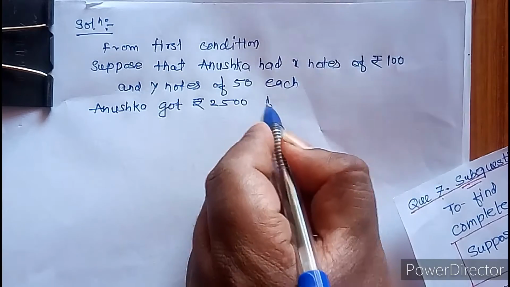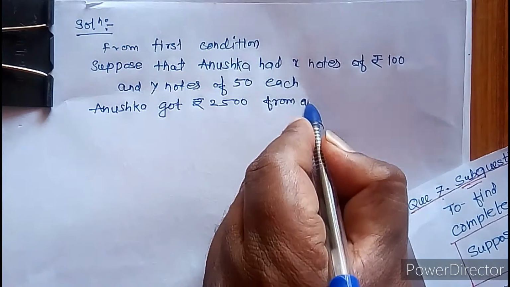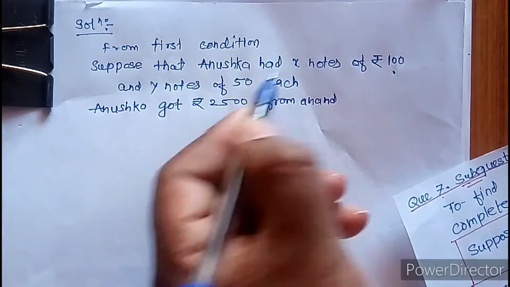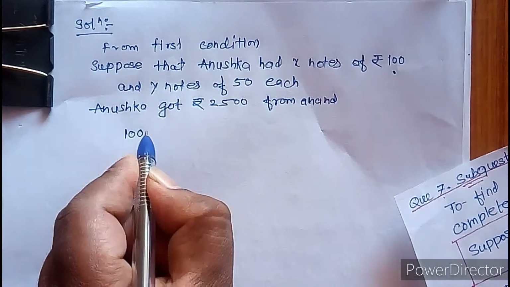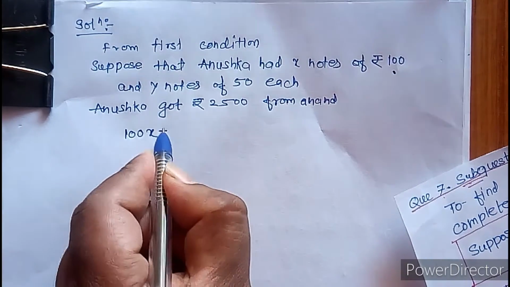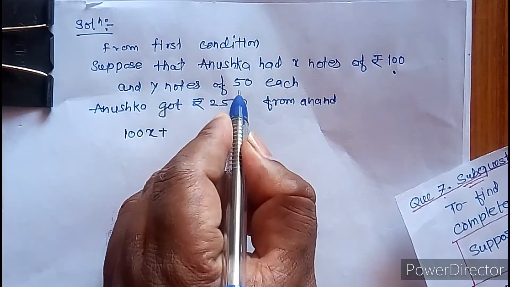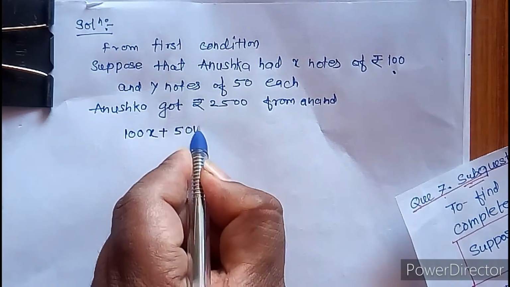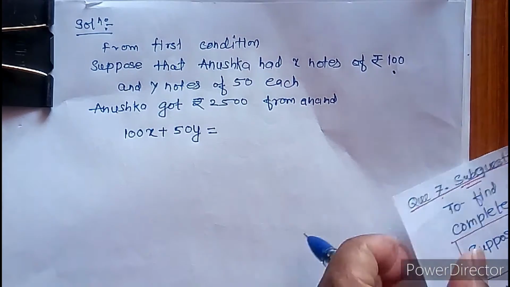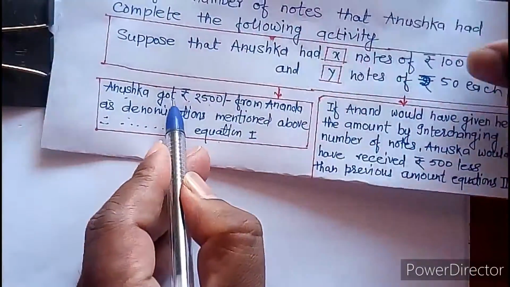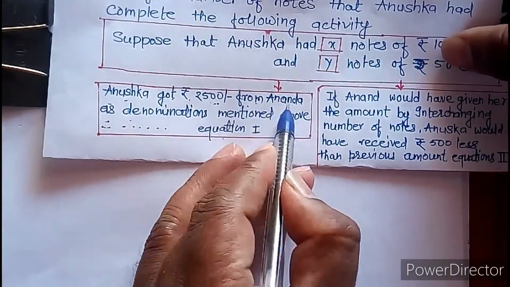2500 from Anand. Anushka had X notes of 100, means she has 100 into X rupees, plus she has Y notes of 50, means 50 into Y, equals 2500, as Anushka got rupees 2500 from Anand.